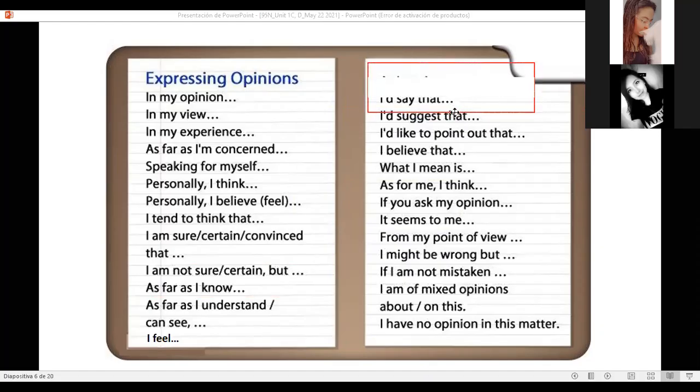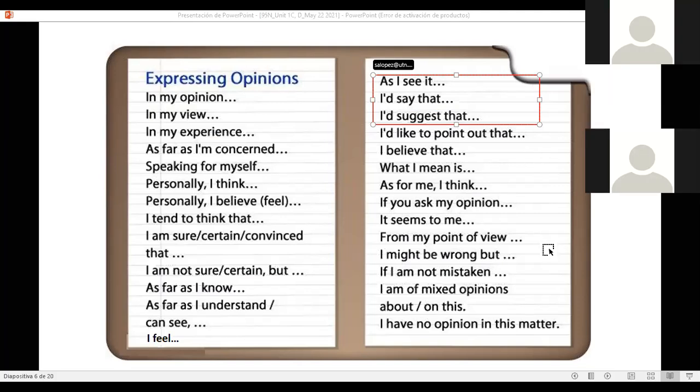Help me reading, please, guys. We're going to move to these three. Nikki, can you help me reading, please? Nikki, are you there? Can you help me reading? Yes, teacher.